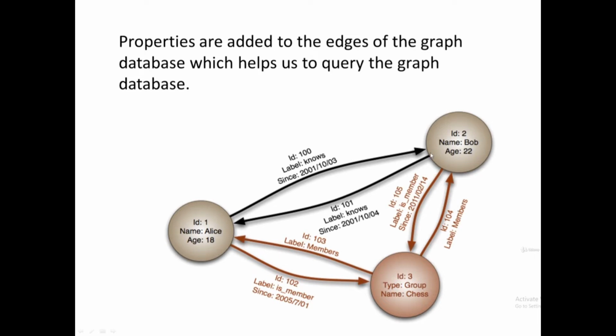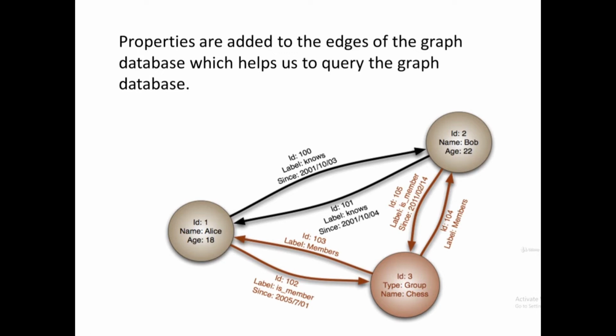The relationship between these two nodes is bidirectional, and it is specified with properties. For example, this relationship has a property with ID 100, label knows, since this is the date. So this means that Alice knows Bob since 10 March 2001. In this way, you can traverse through this graph.